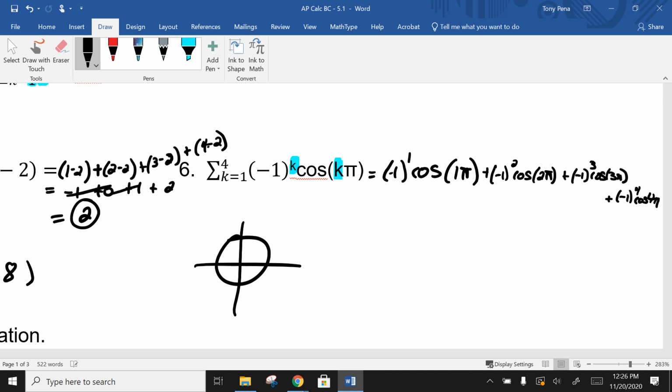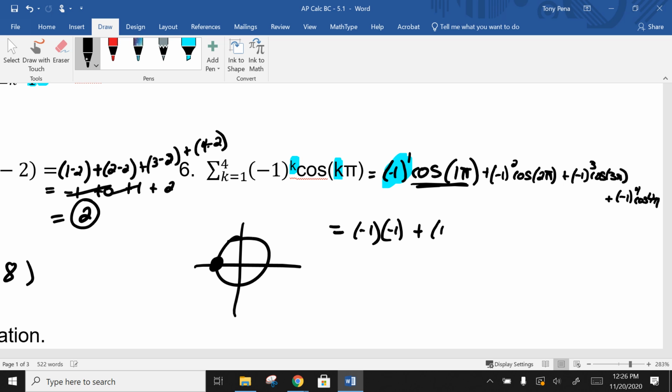Good little review of some values on the circle that we should know pretty well. So this first term, we're definitely going to get this -1. And the cosine of 1 pi should also be a -1.